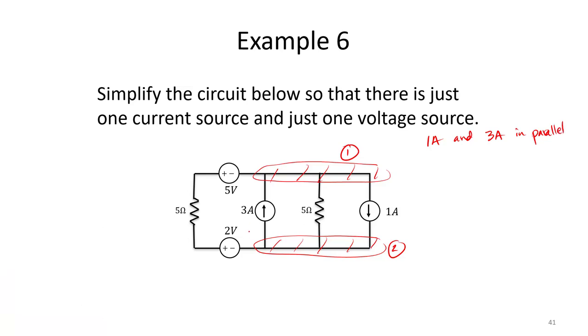And if I were to try to walk around my circuit this way, you'll notice that my 2 volt, 5 ohm, and 5 volt components must experience the same current. So I can say that my 2 volt and 5 volt sources are in series.